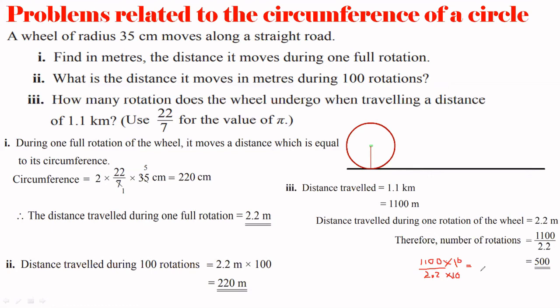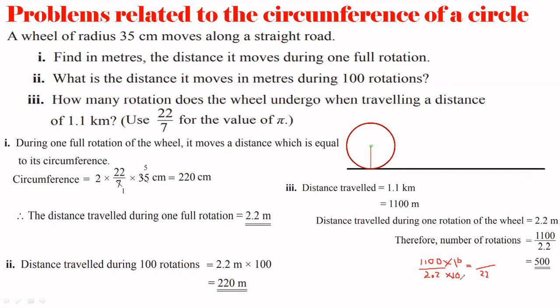Multiply both numerator and denominator by 10. Why do we multiply both by 10? Because I want to get a whole number.